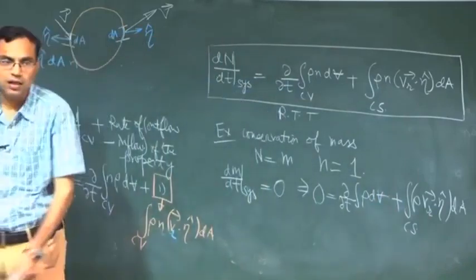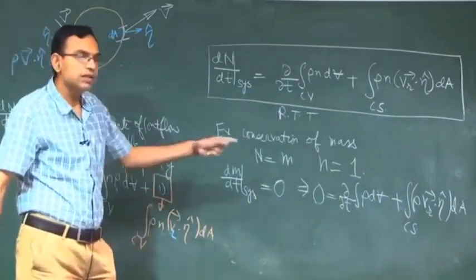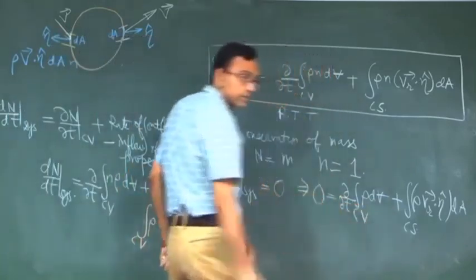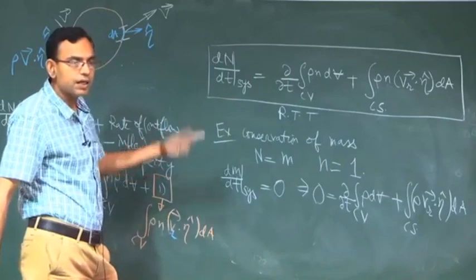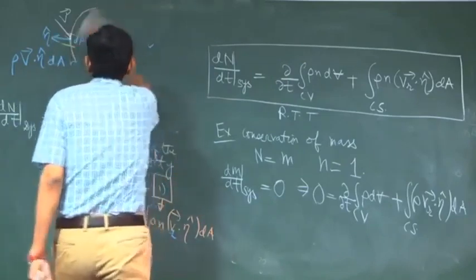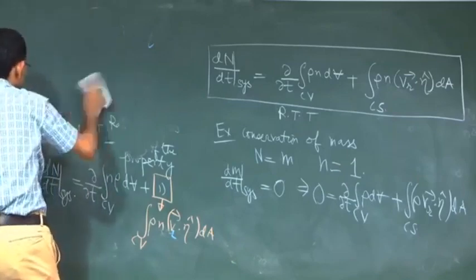In fact, this is an integral equation for mass conservation for the most general case. There cannot be a case more general than this, but let us consider some special cases.